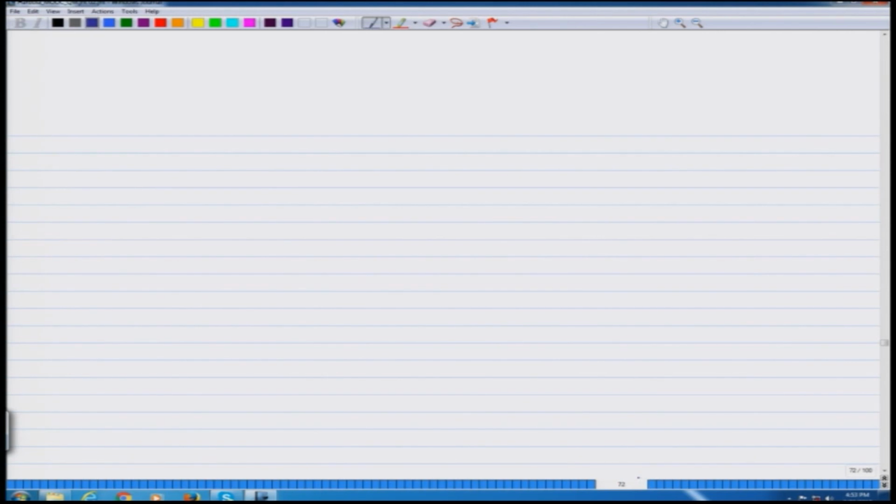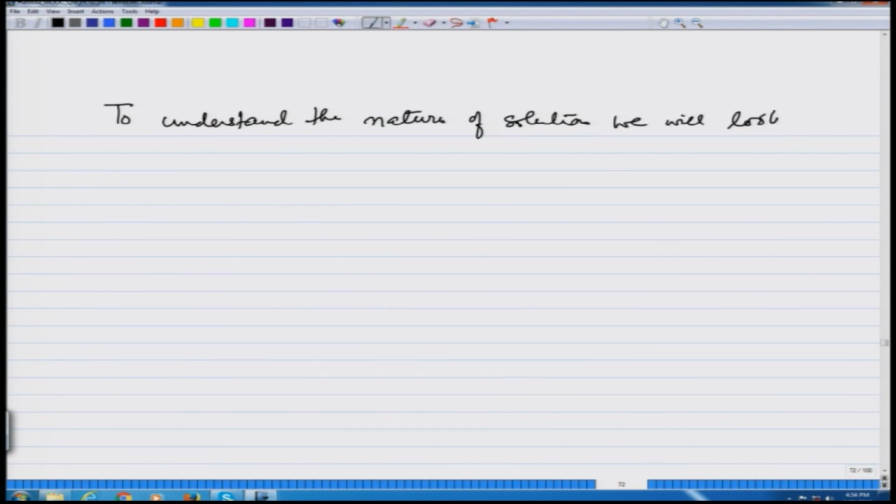How do we solve this? To understand the nature of the solution, we will look at the equation x tangent of x equals y graphically.